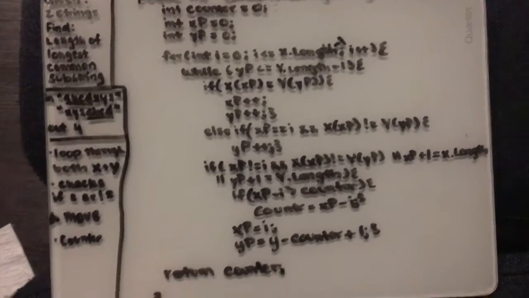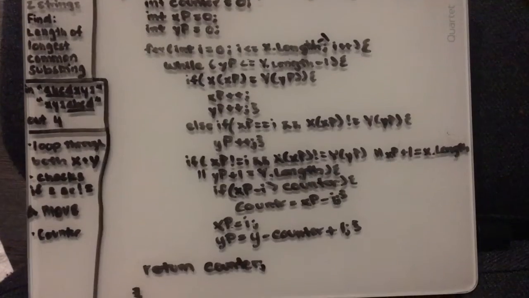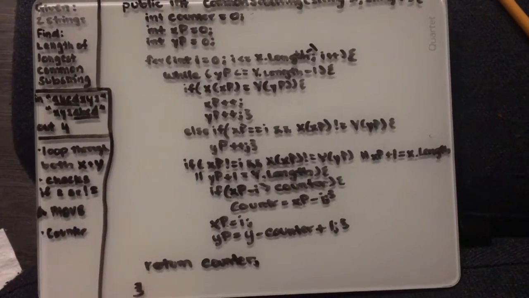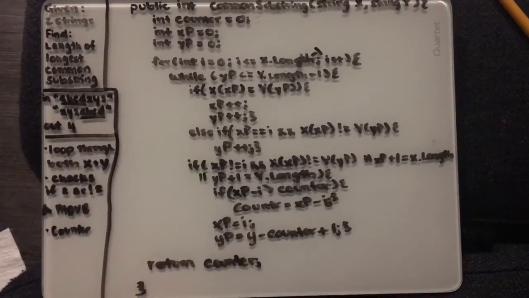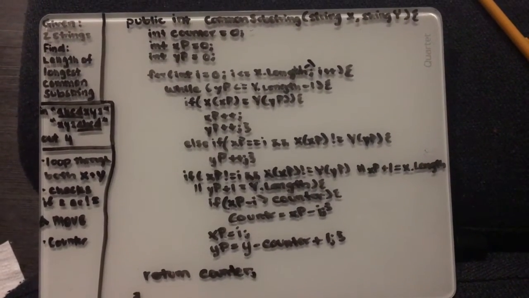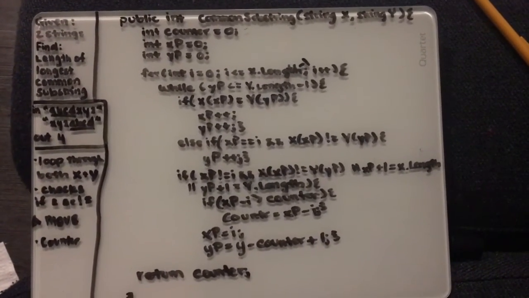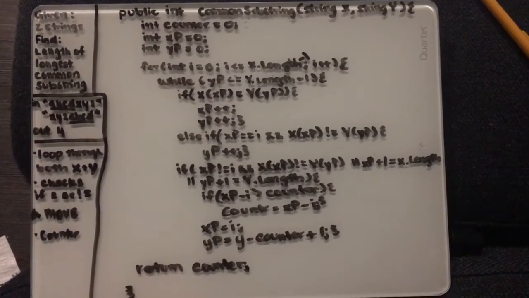And then the second loop is going to be while the y pointer is less than or equal to the y length minus 1.